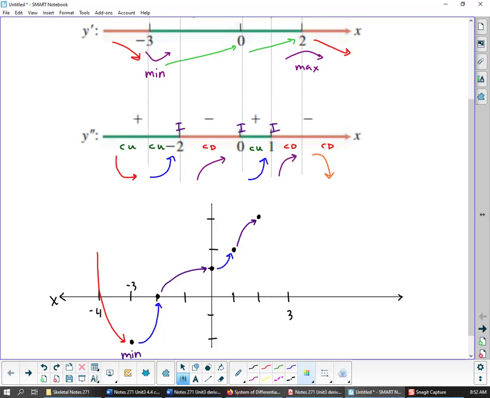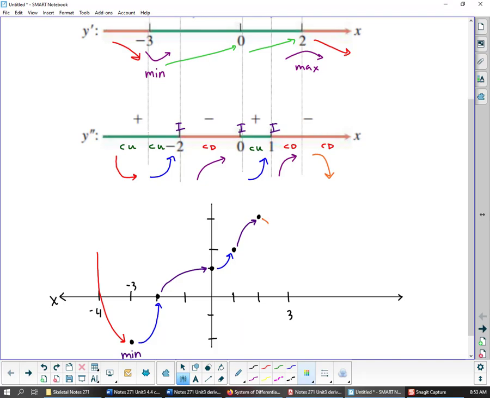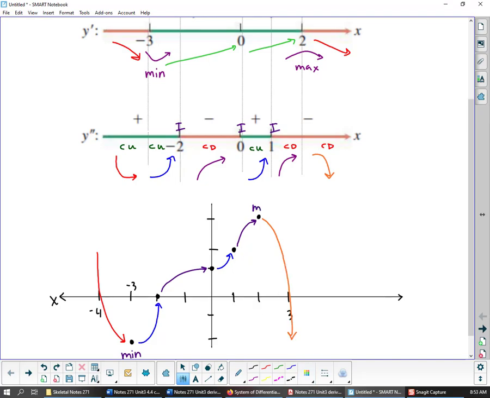And then once we get to x equals 2, we are concave down, decreasing. So concave down, decreasing is going to create something that looks like this. And what you notice is we said we were going to have a max over here at x equals +2.